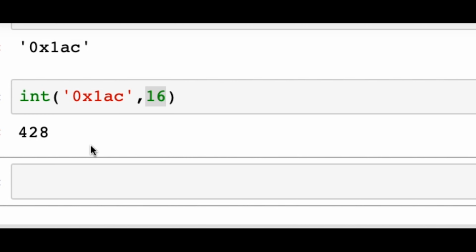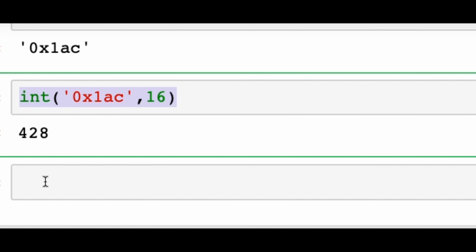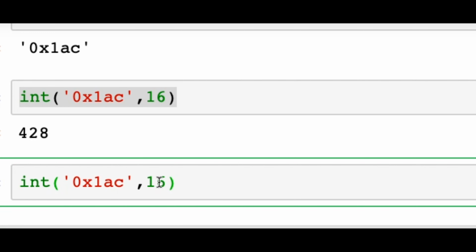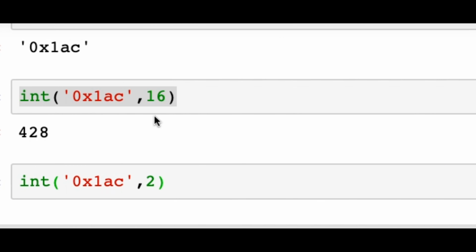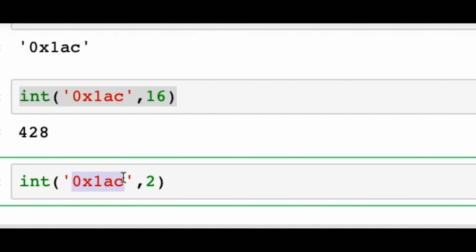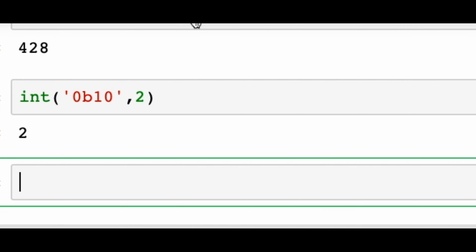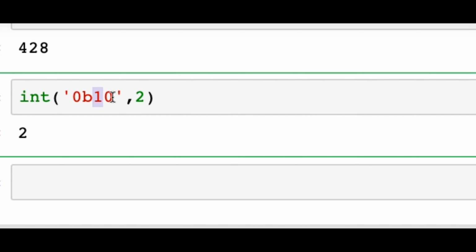So that's 428, as we showed. Here, let's convert this binary number, base 2, back to an integer. This is 2, right? It's 1 times 2 to the first power.